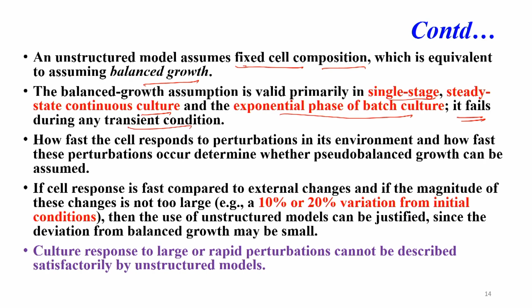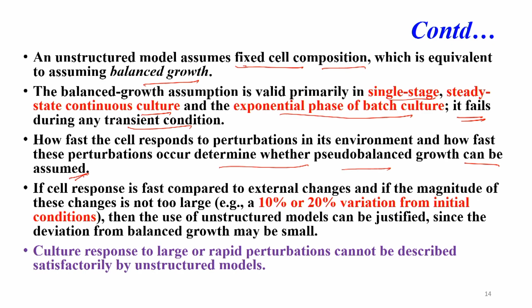So, balanced growth approximation is valid at steady state, particularly continuous culture or exponential phase of batch culture. How fast the cell responds to the perturbation in its environment and how fast this perturbation occurs determine whether pseudo balanced growth can be assumed.